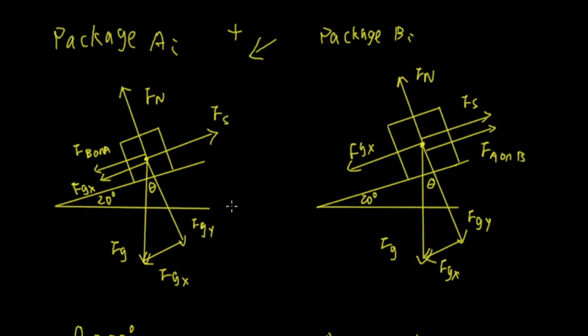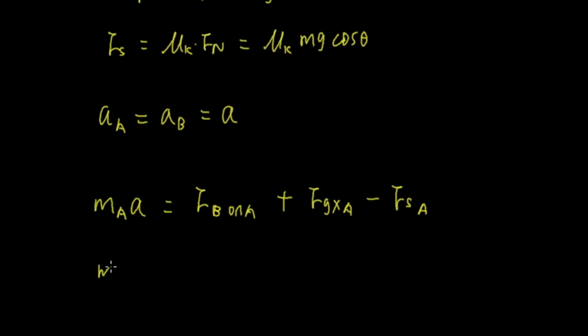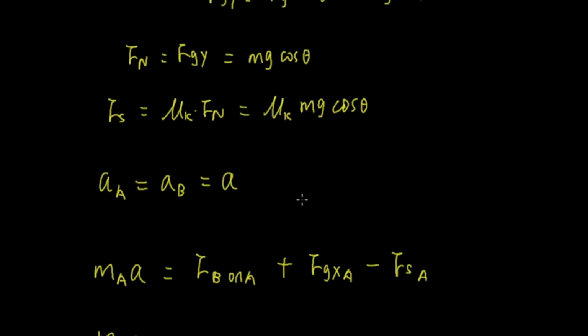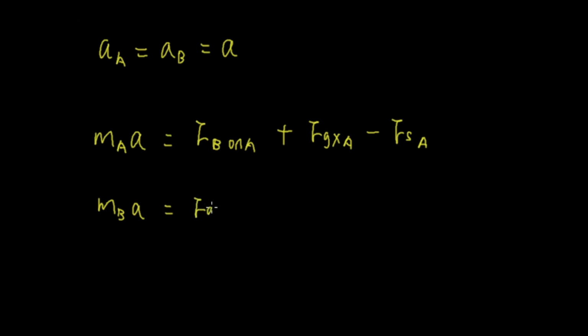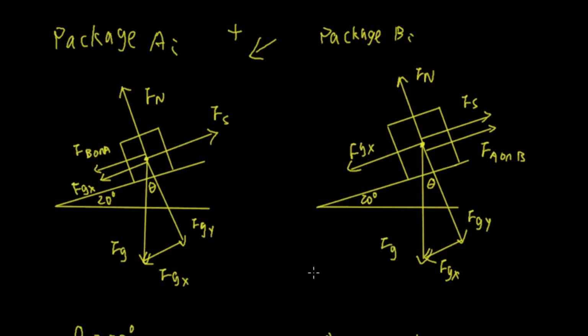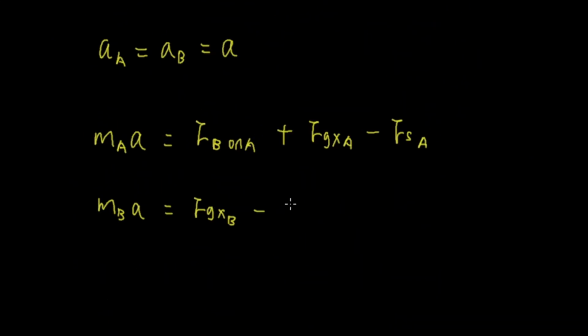Since this side here is the positive direction, it would be gravity force minus the friction force and the force of A acting on B. So that's mass B times acceleration, going this way, is equal to the gravity force of B minus the friction force of B and the force of A on B.